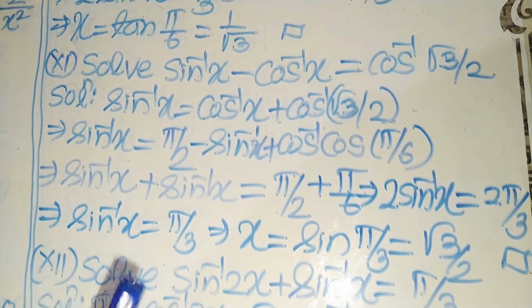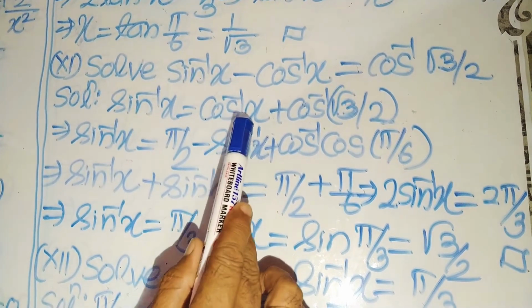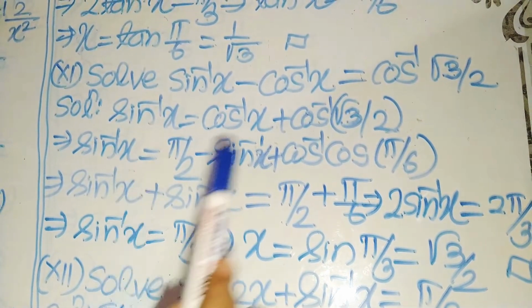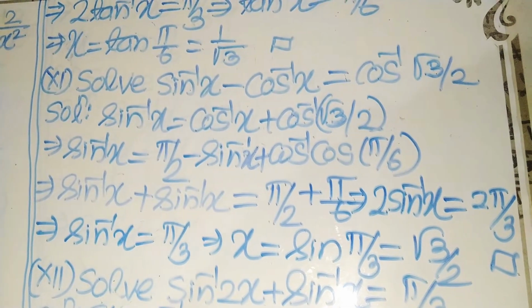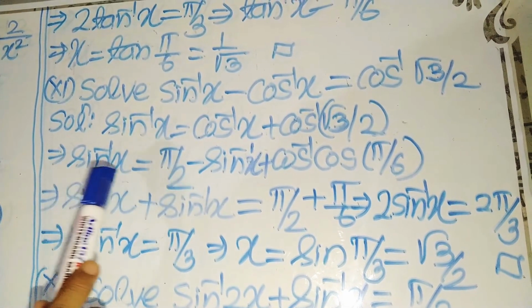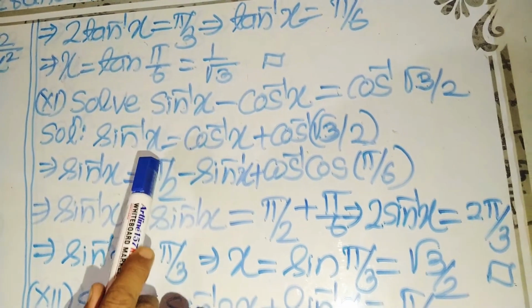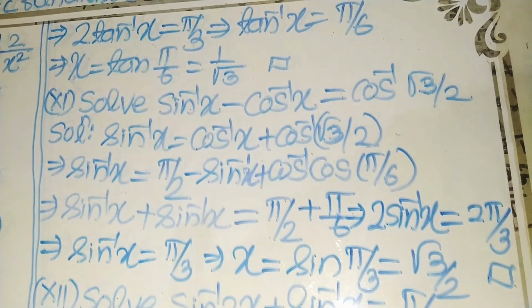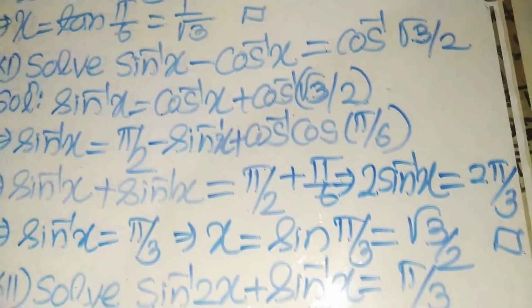Solution: sin inverse x is equal to cos inverse x plus cos inverse root 3 by 2. Here, taking cos inverse x to the right side, cos inverse x is equal to pi by 2 minus sin inverse x, because cos inverse x plus sin inverse x is equal to pi by 2.